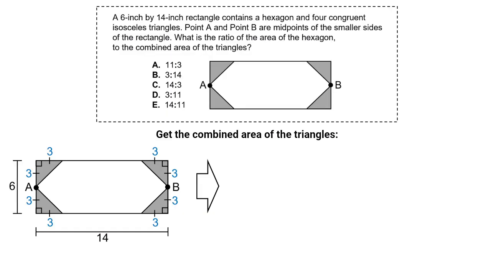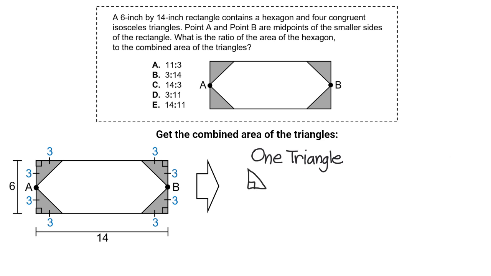So the first thing we're going to do is find the area of all the triangles. Obviously, we need to find the area of one of the triangles first. So we have a triangle.